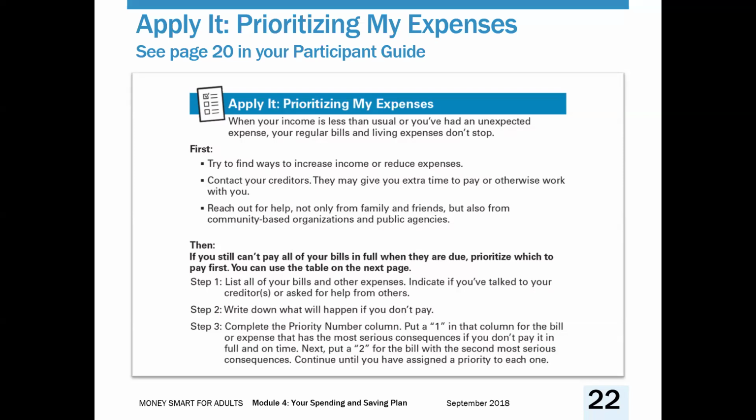Then you can prioritize based on the due date, as well as whether or not you can pay. In this section, you're going to be able to prioritize whether or not you have to reach out to whatever debtor that is. There's also a log in the participant guide if you've spoken to someone about renegotiating the terms of a payment, in case you're unable to make that payment on time.